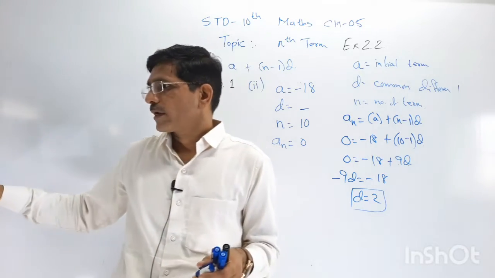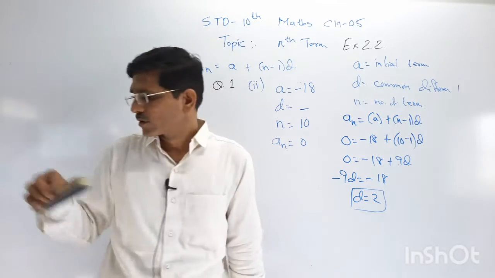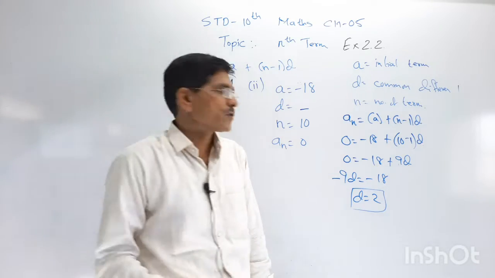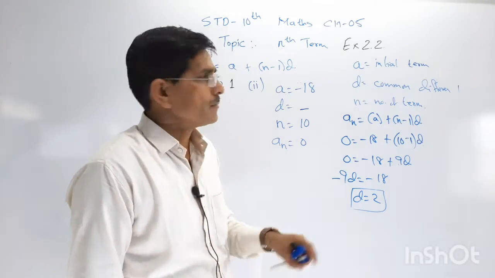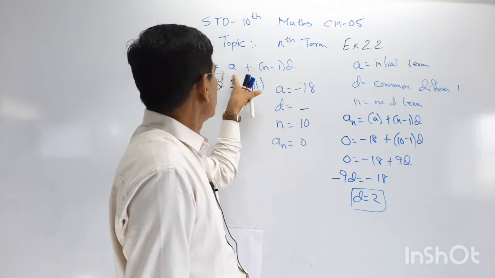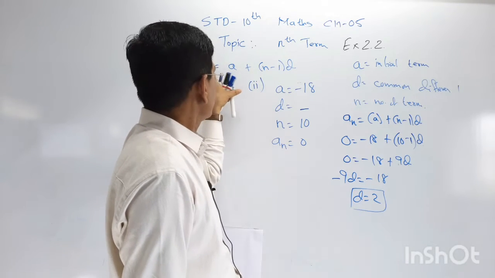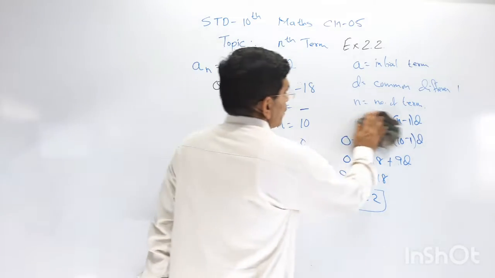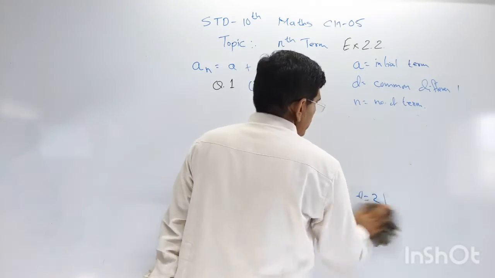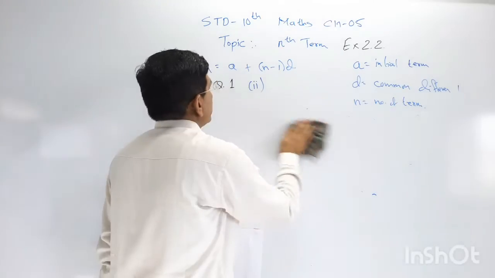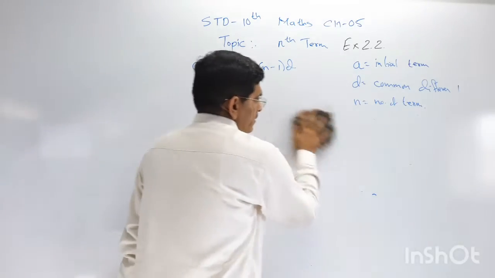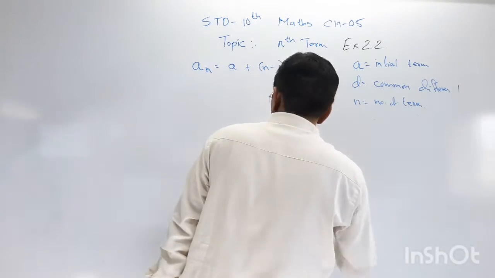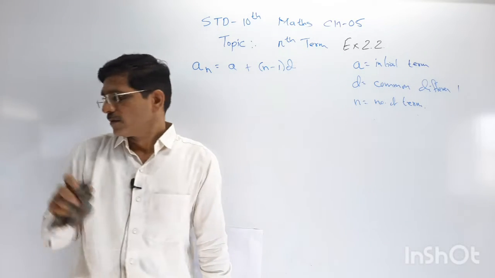So again I explain, please remember, go through only this identity: An is equal to a plus (n minus 1) d. We must know what is a, what is d and what is n. N means the nth term, d means the common difference.